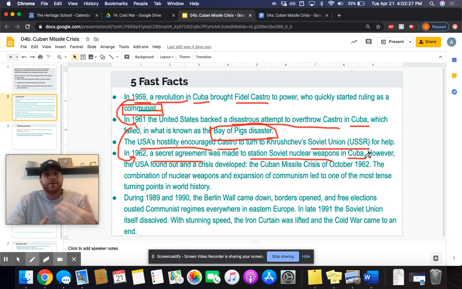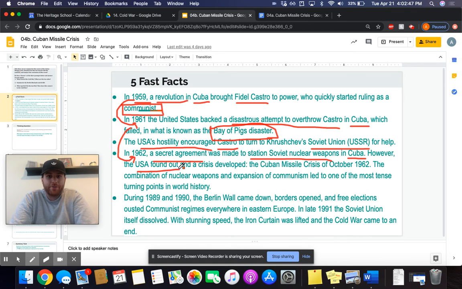And this is kind of that escalation of Cold War tension we've talked about throughout this unit. The Cold War turns into a hot war in Korea and Vietnam, all right? But when the Soviets plan to put missiles on an island 90 miles away from the United States, that is seen as a major threat by the United States.